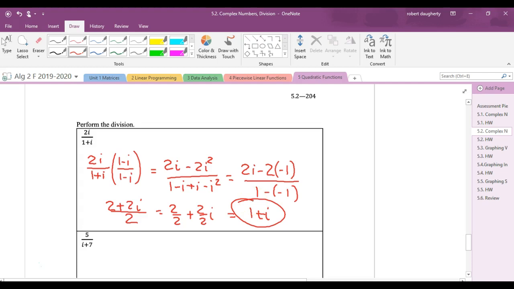Now, I like this problem because you take 2i and you divide it by 1 plus i and you get 1 plus i. So what do you think 1 plus i squared is? If you take 25 and you divide it by 5, you get 5.